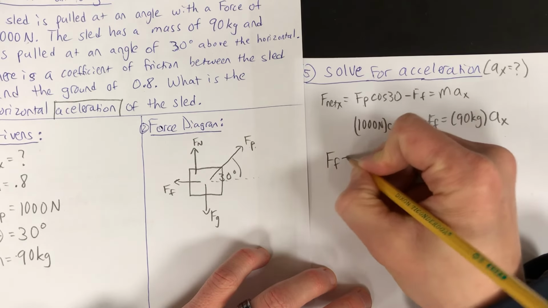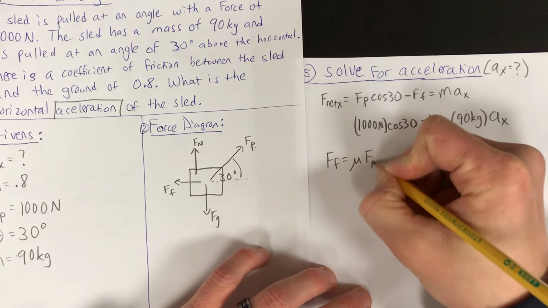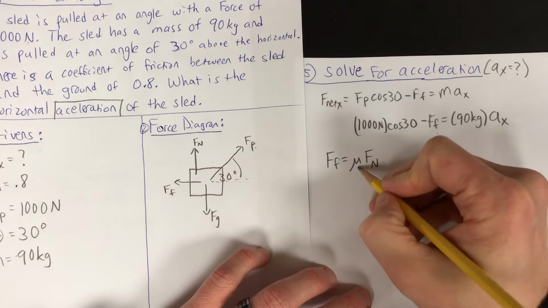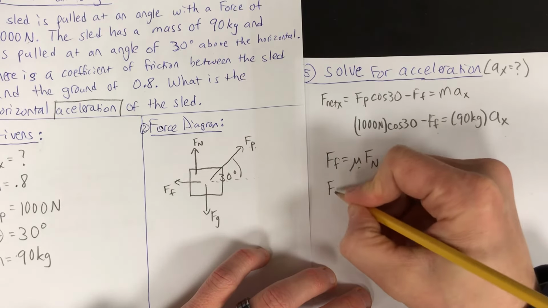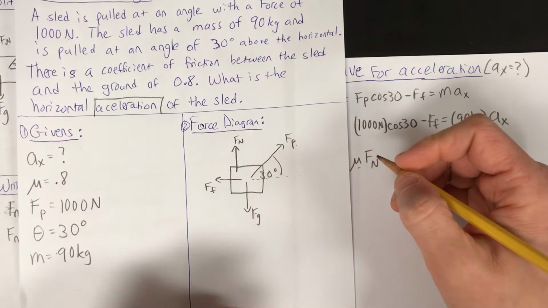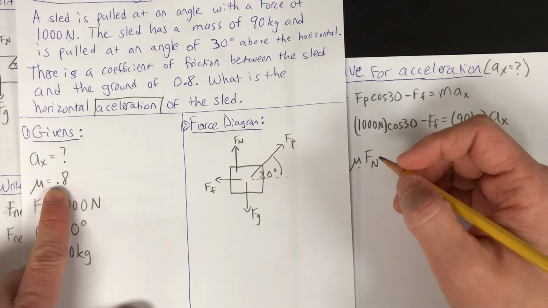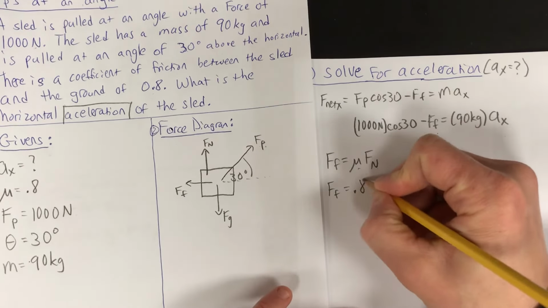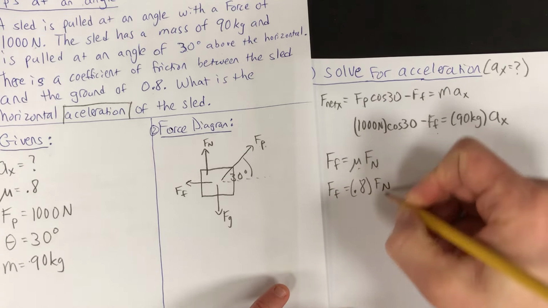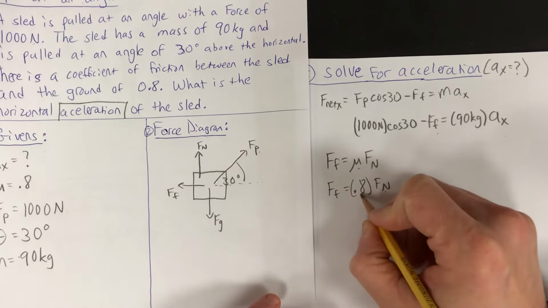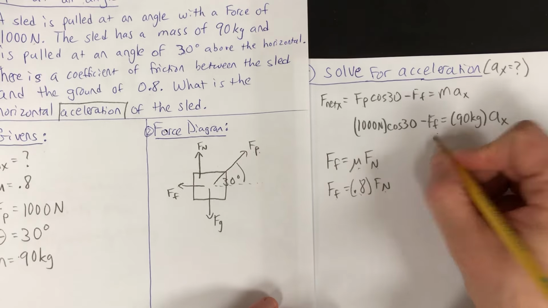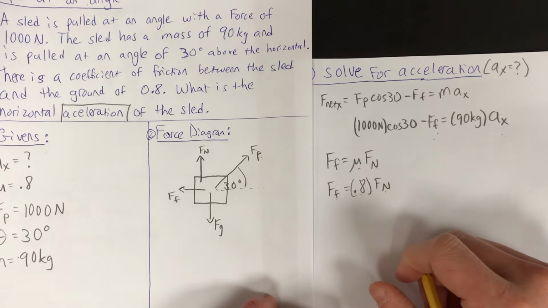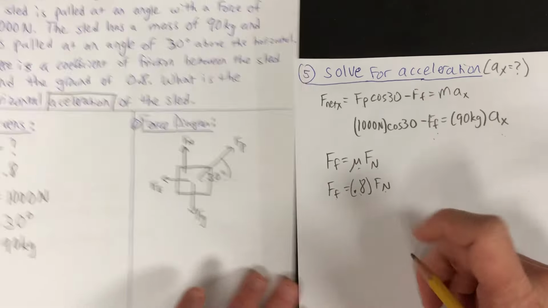We can find the friction force using this equation: force of friction equals mu times Fn. And we are given mu in the problem. Mu is 0.8. So if we knew the normal force, we could multiply it by mu, get friction, put it up here, and solve for Ax. Once we find the normal force, we're ready to go.